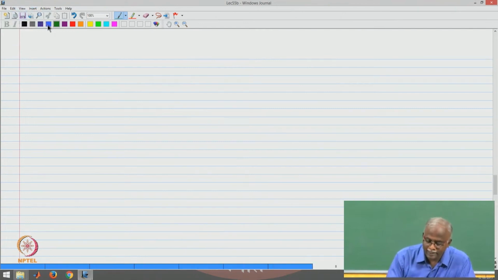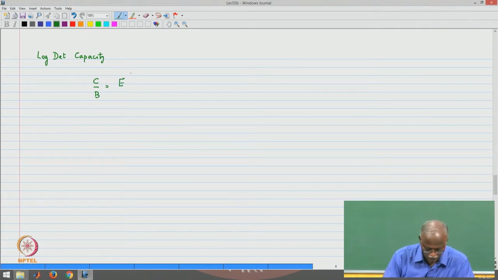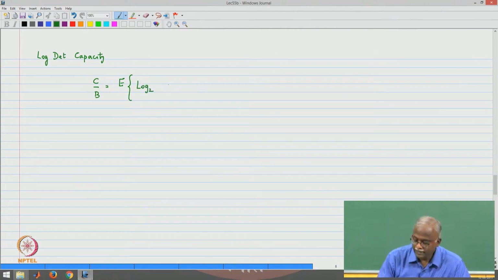The log det capacity for a MIMO channel we can write down in the following form. The log det capacity that we have defined is C by B equal to the expected value of the logarithm base 2 of the determinant of sigma x squared by sigma n squared H H Hermitian plus I_NR.